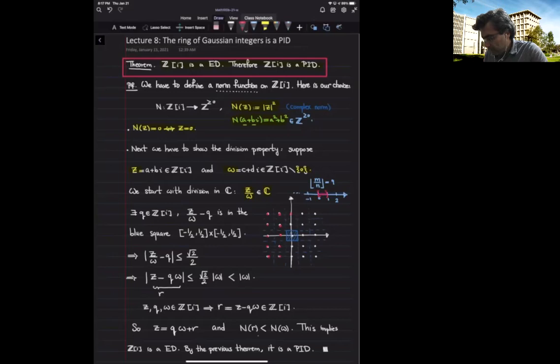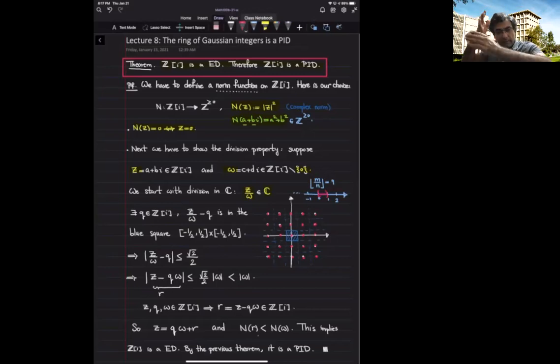Now, for every one of these points, I can ask what points in the plane are closest to this particular dot. For instance, if I start with the origin and ask what points in the plane are closest to the origin compared to the other Gaussian integers, we end up getting this blue square in the middle.